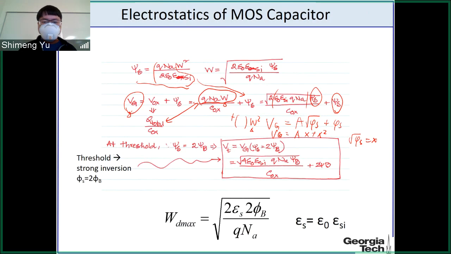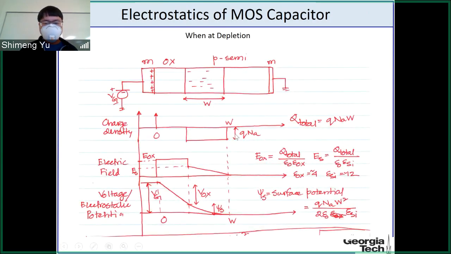This is because what is QNAW? You have the QNA, that is your charge density, but then you have the depletion width W. So in total you have QNAW. This Q total is the depletion charge before the inversion. So this is at the depletion, so you have this QNAW. You see that this depletion charge is proportional to W, that is the width.